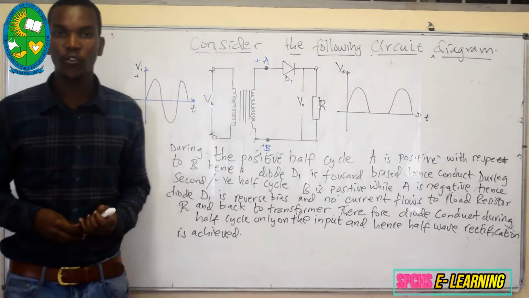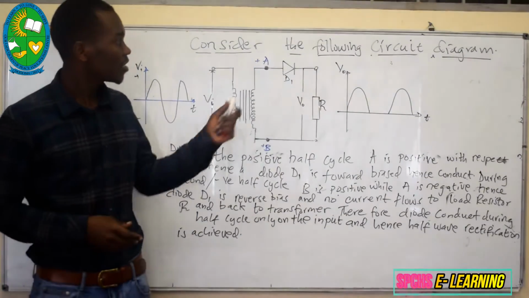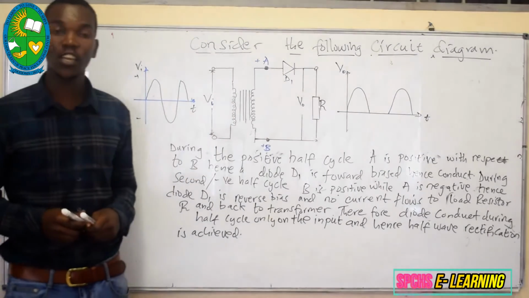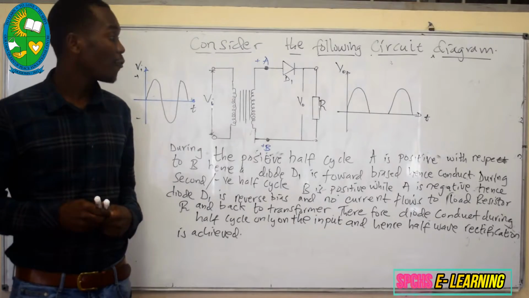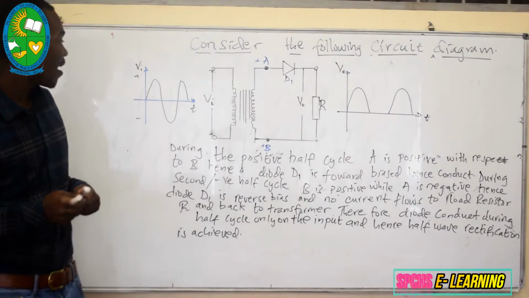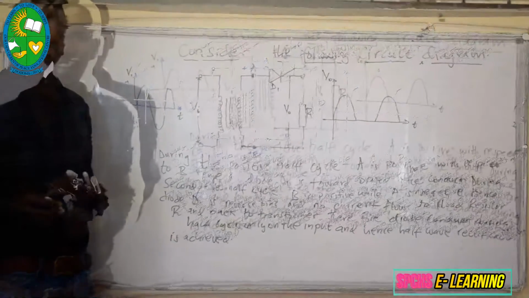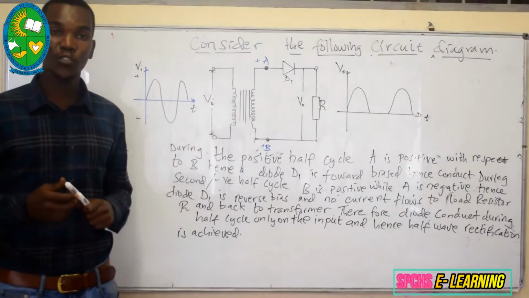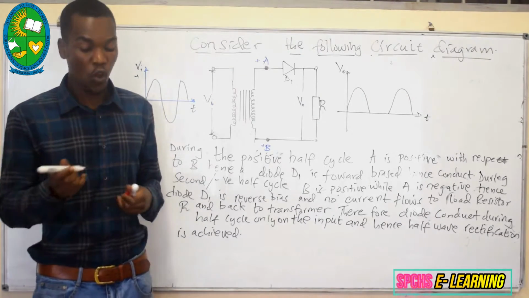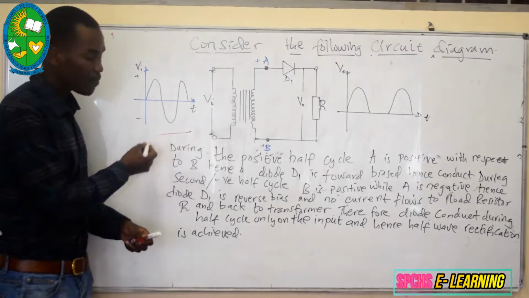Proceeding with half-wave rectification, let us consider the following circuit diagram. This is a simple circuit which shows half-wave rectification action. On this side, we have an input.